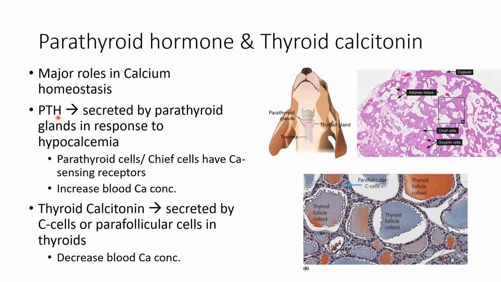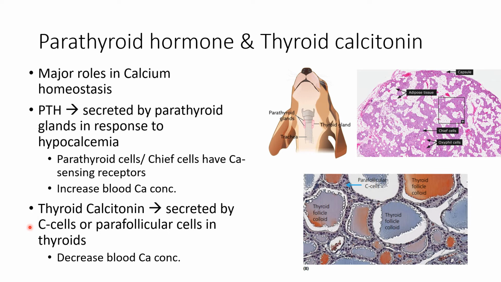So your parathyroid hormone is secreted actually by parathyroid glands, so as you can see here anatomically, in response to hypocalcemia. So when there is low calcium blood level. So it is secreted by your parathyroid cells or mga chief cells, which actually is able to sense hypocalcemia. And the main goal is of course to increase the blood calcium concentration.